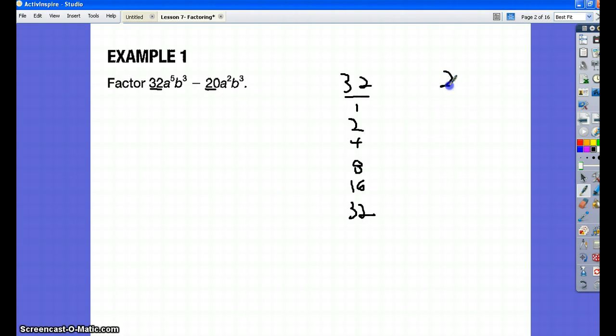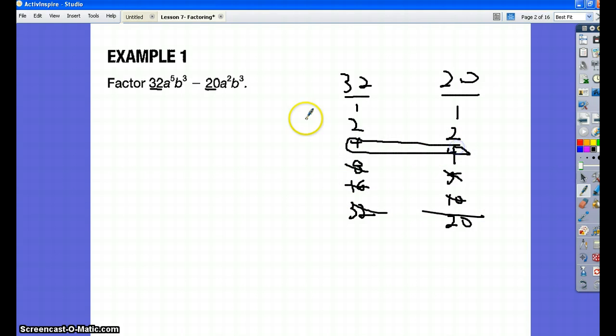And for 20, it'd be 1 goes into it, 2 goes into it, 4 goes into it, 5 goes into it, and 10 goes into it. Also 20. So what's the greatest one they both have in common? They both have a 1, they both have a 2, they both have a 4. They don't have an 8, they don't have a 5, they don't have 10 in common, or 16, or 32, or 20. So the greatest one they have in common is a 4.